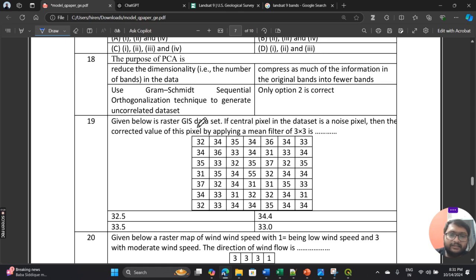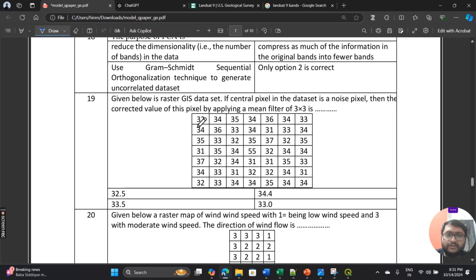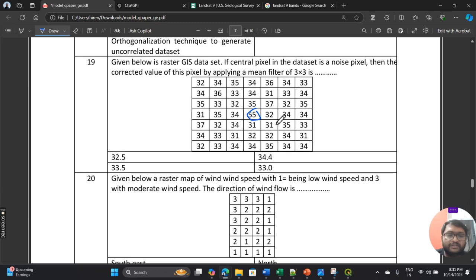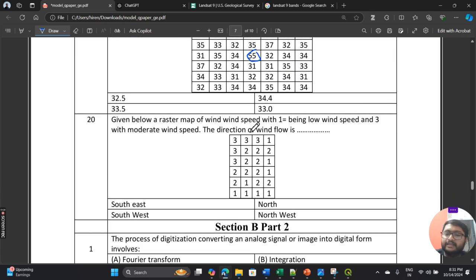Then we have this given matrix, and we have to apply the mean filter of 3 by 3 and find the value at the center pixel. So you just apply the mean filter, take the average of all those points, so just take all the values and divide by 9.